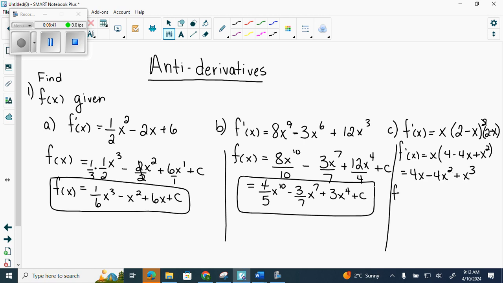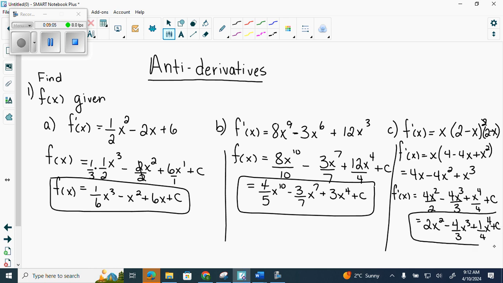And then we do f of x, which equals 4x squared divided by 2 minus 4x cubed divided by 3 plus x to the 4 divided by 4 plus c. And so I get 2x squared minus 4 over 3 x cubed plus a quarter x to the 4 plus c. Do you agree? Yes, man.